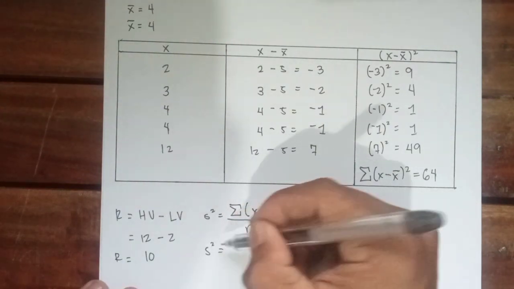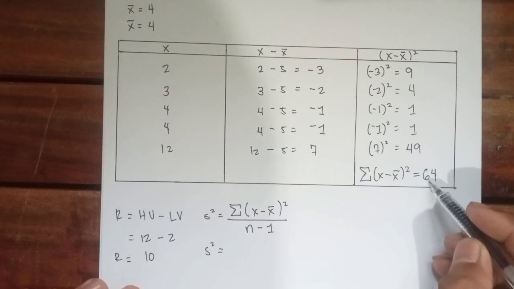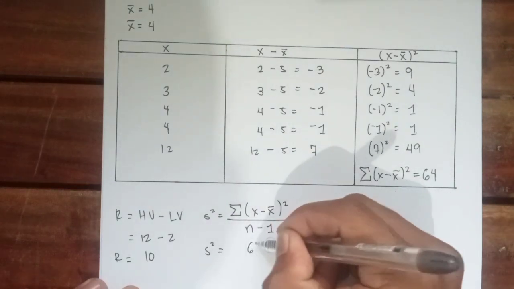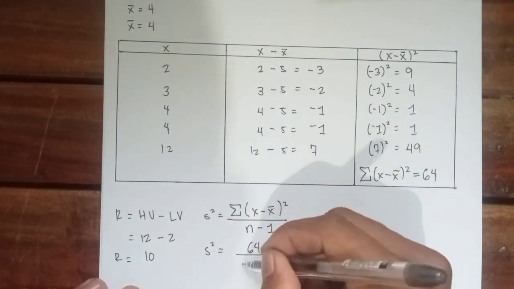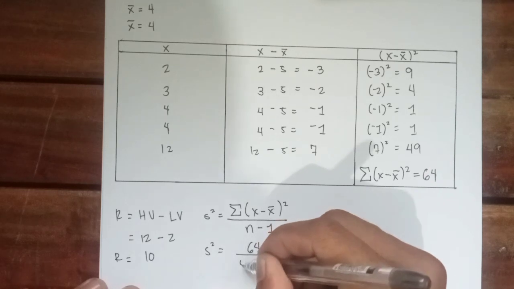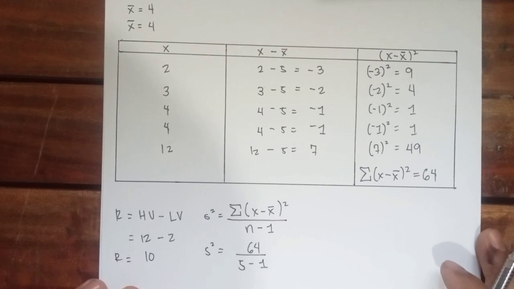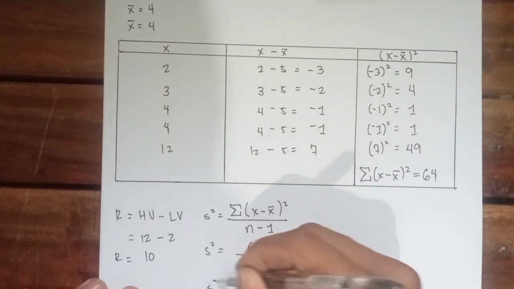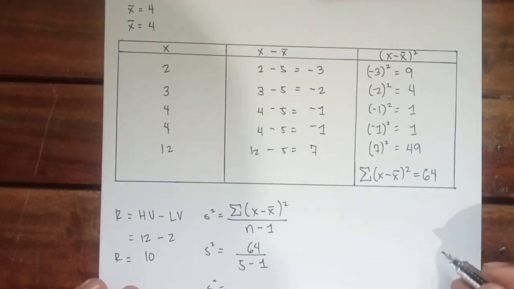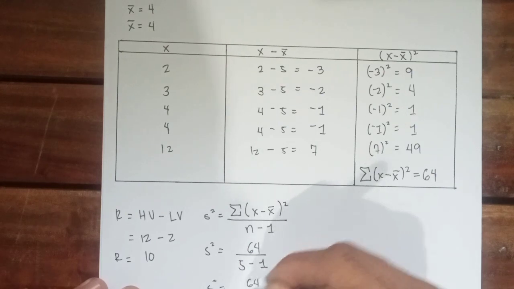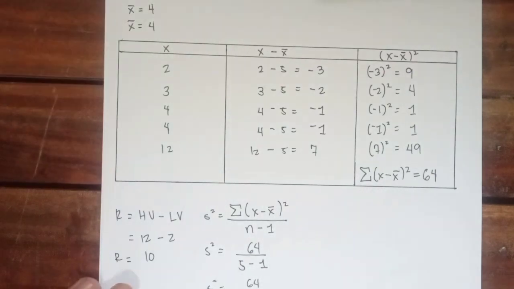Substitute the values. Ano po ang ating values? 64. So, 64 over 5 minus 1. So, S squared or the variance is 64 over 4. Ayan na po.